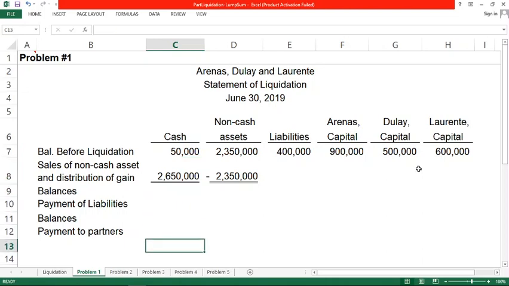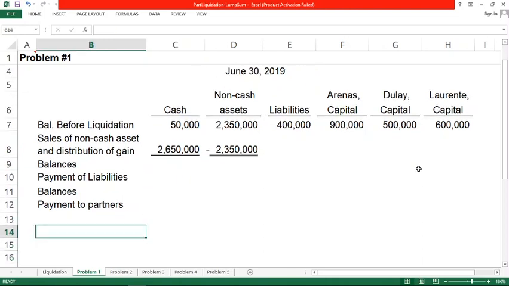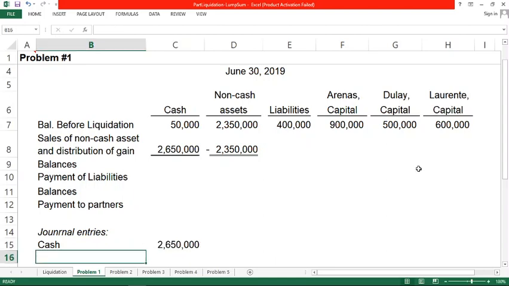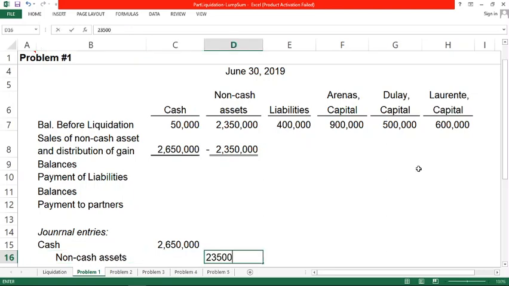Is there any gain or loss? Okay, gain of course. You received more cash than the assets you gave up. So you received cash of 2,650 and you eliminated your non-cash assets in the amount of 2,350.